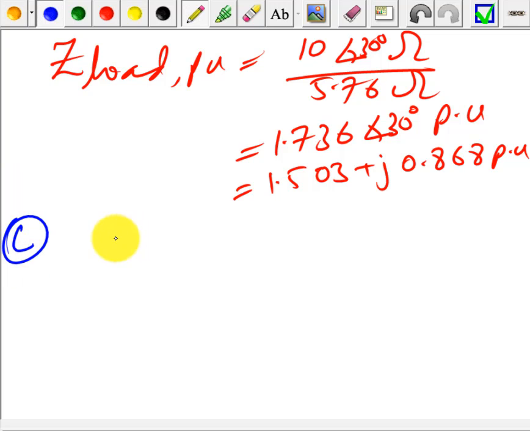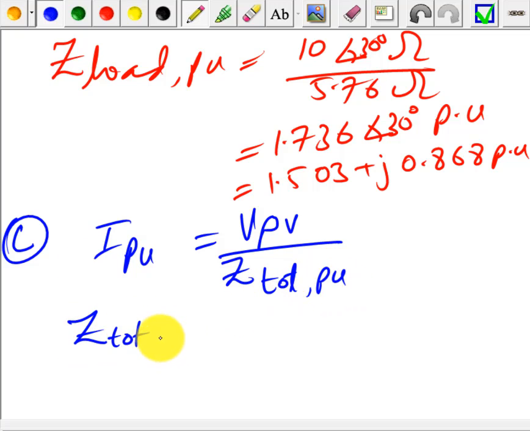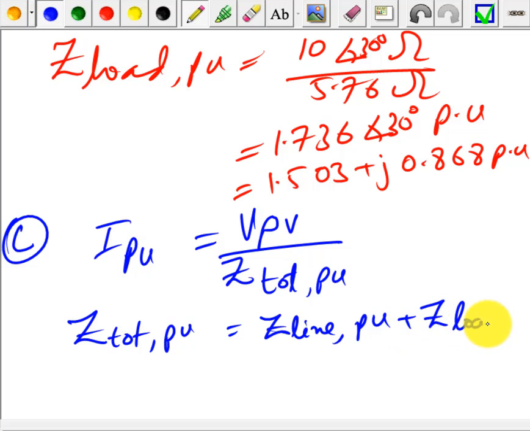Now I per unit is V per unit divided by Z total per unit. Total per unit means Z line per unit plus Z load per unit.